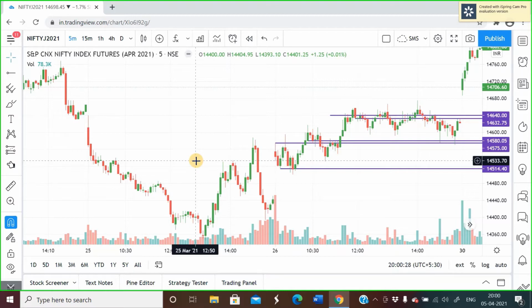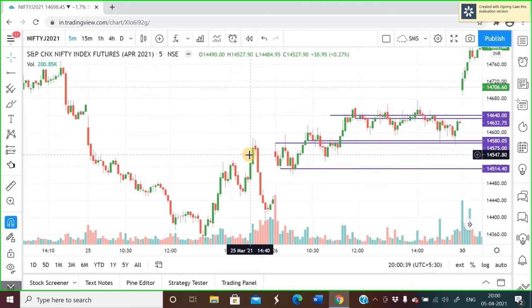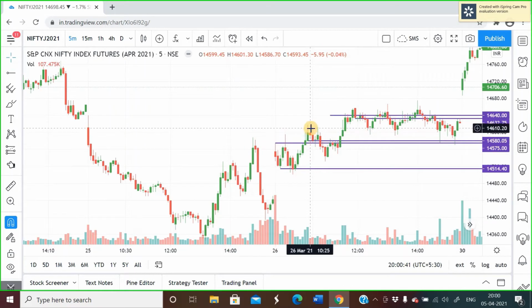We are just marking the high and low of the first 15 minutes. We are taking a trade where either of the things gets breached. For example, in this case, the close happened above the high, so we are looking for long trades. Had it happened below here, we would be looking for short trades, and the risk reward is simple.